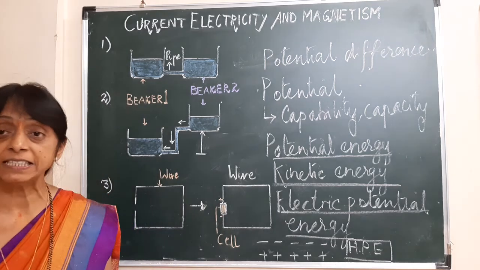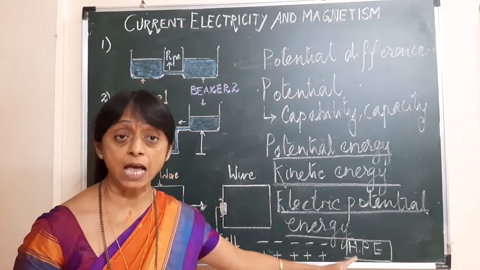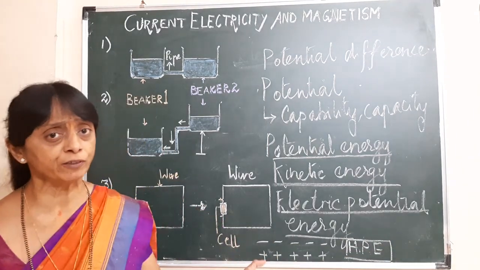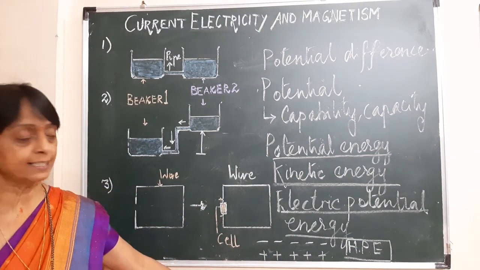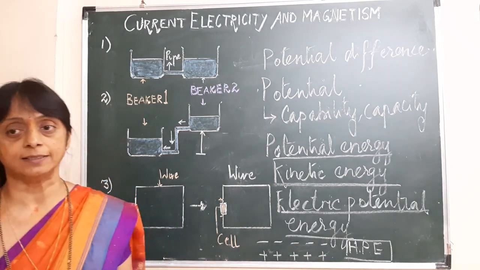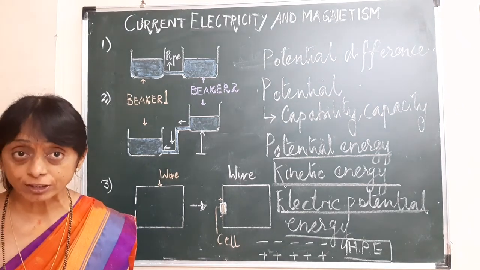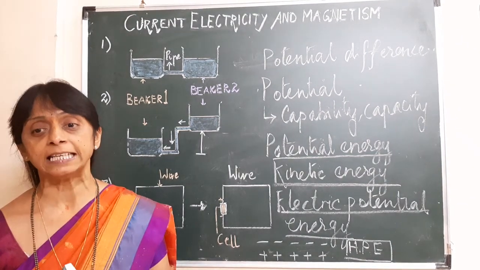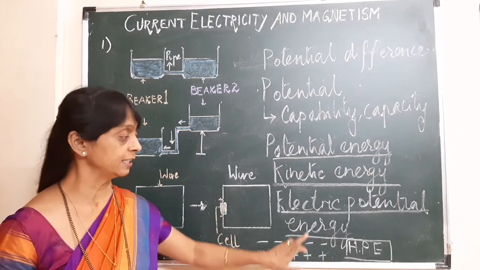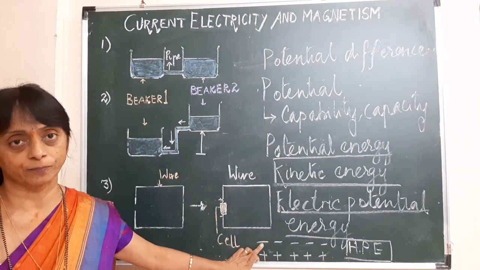So, what did we see over here? That when electrons having high potential energy are left free, they get attracted to the positively charged particles. Now children, this is electrical potential energy: the potential energy possessed by any charge.